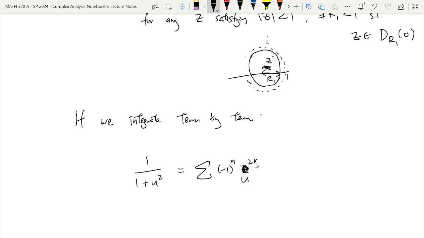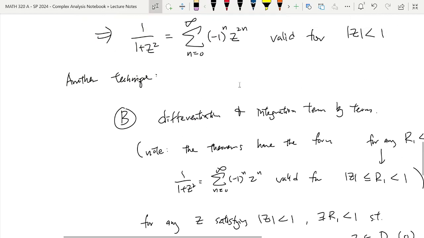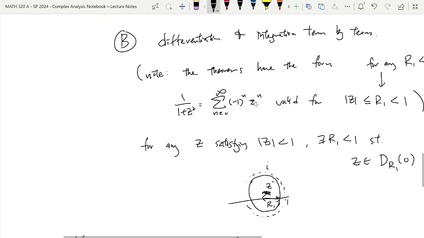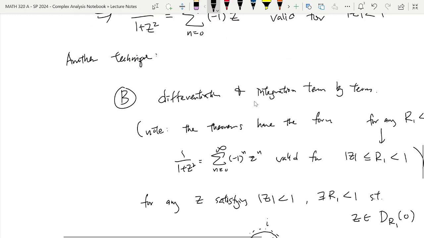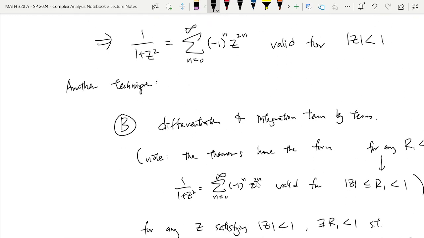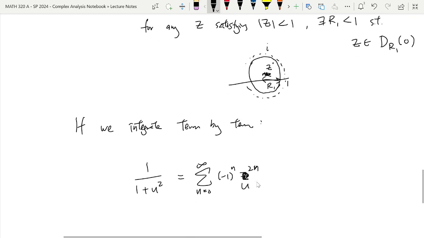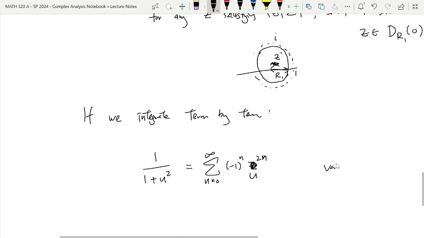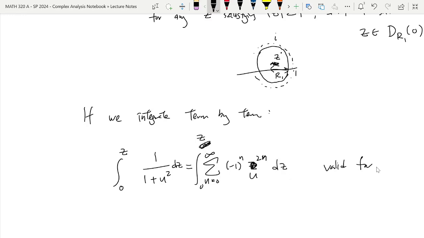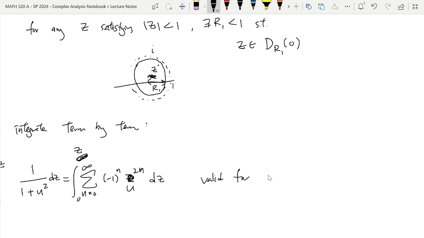And then n from 0 to infinity. So that's what we have above. I should put a line here, z. I think I copied one thing less. That should be valid for something, but I'm going to integrate from 0 to z, du, and this will still be valid for the same radius.